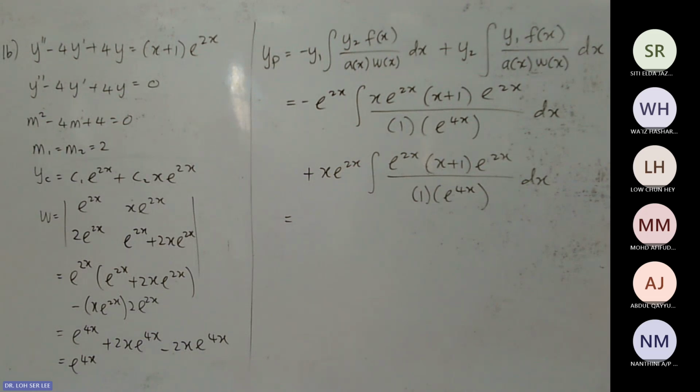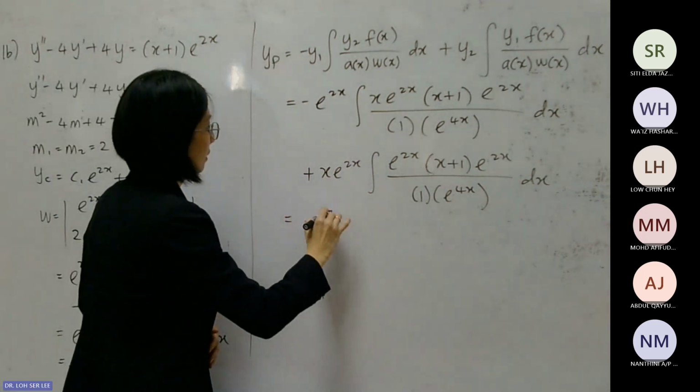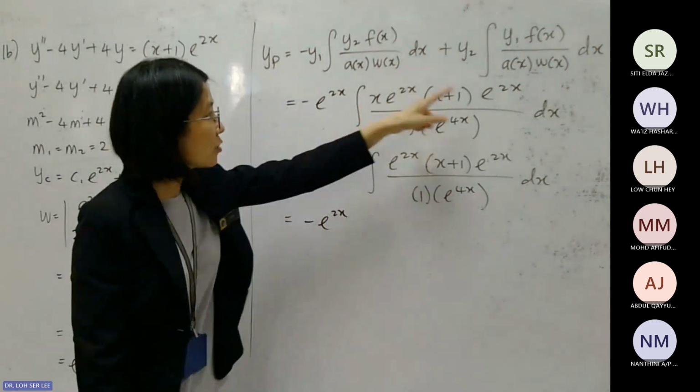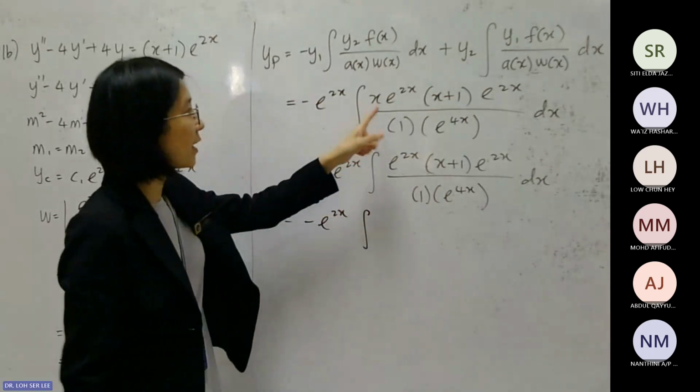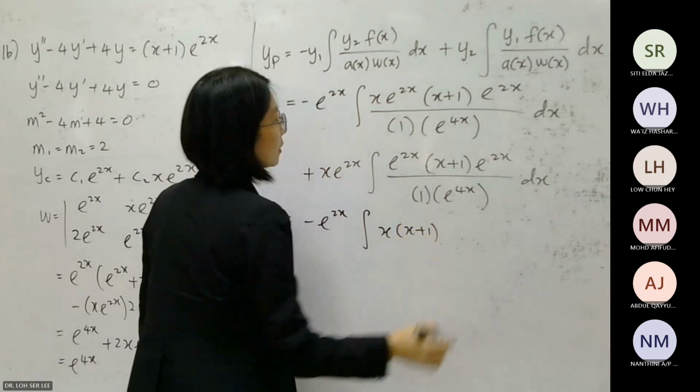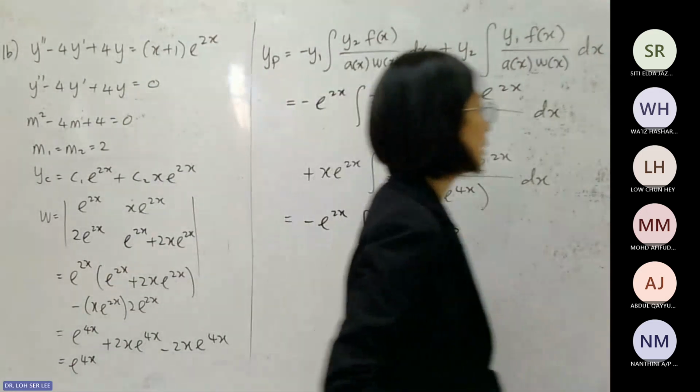You can't factorize anything. So this one, you simplify it: multiplying polynomials, and then exponential, what is the new power?